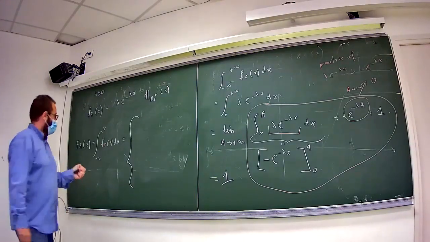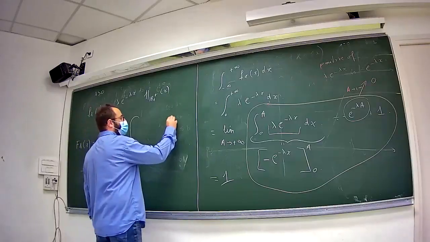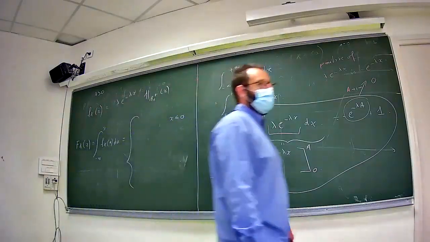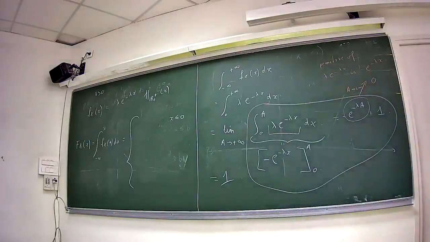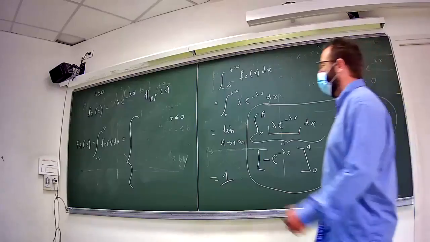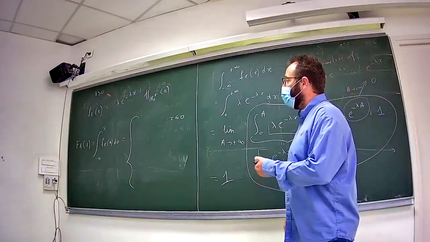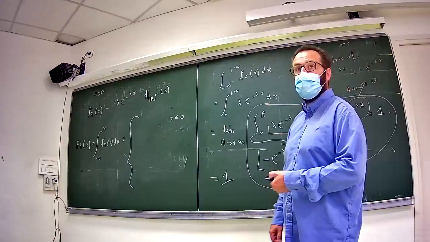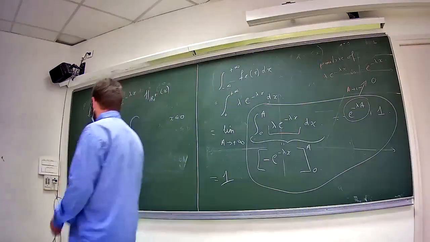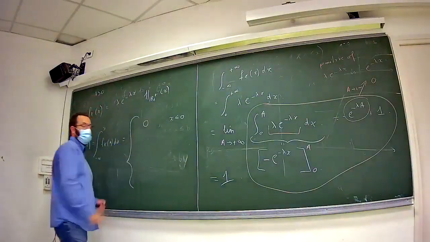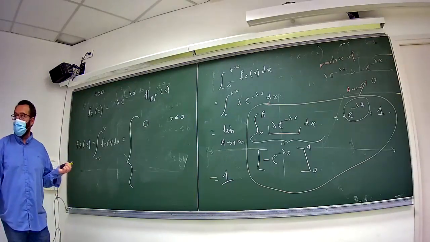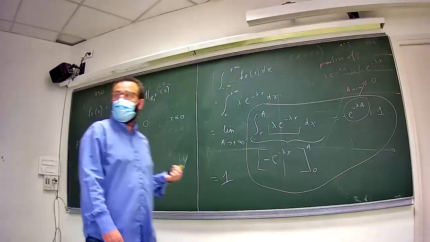So typically, if x is less than 0, what is the value of this integral? 0? Because for negative values, the mapping is 0. So if you consider this integral with x negative, you integrate something that is always 0, you obtain 0. And once again, I remark that for very small values, my distribution function is 0, coherent with the fact that the limit in minus infinity is 0.